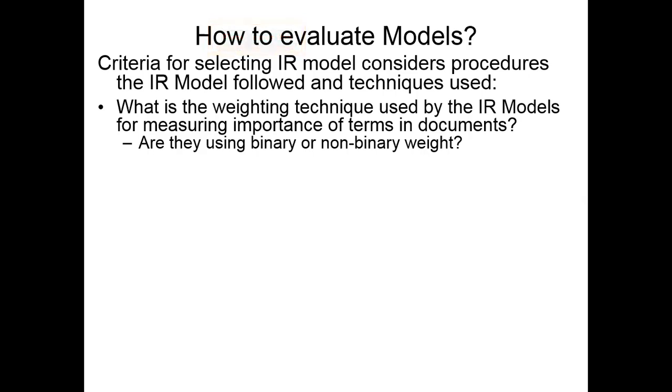It's better to go for non-binary weight such that we can take into account the frequency of occurrence of every term in every document. So as a result, it's better to go for IR models that support non-binary weight.